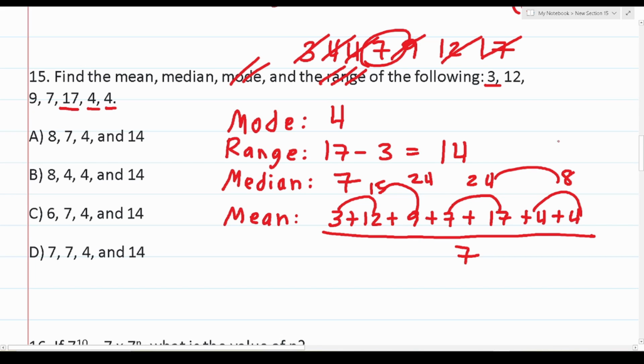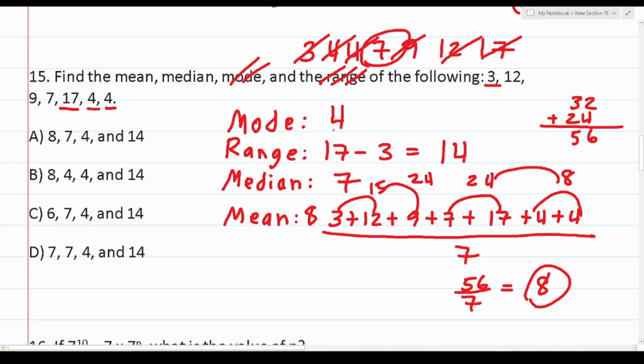Well, I know 8 and 24 is 32. So 32 and 24 is going to be 2 plus 4 is 6. 3 plus 2 is 5. So this becomes 56 over 7. 56 divided by 7 is going to be 8. Okay? So the mean, in other words, is 8.